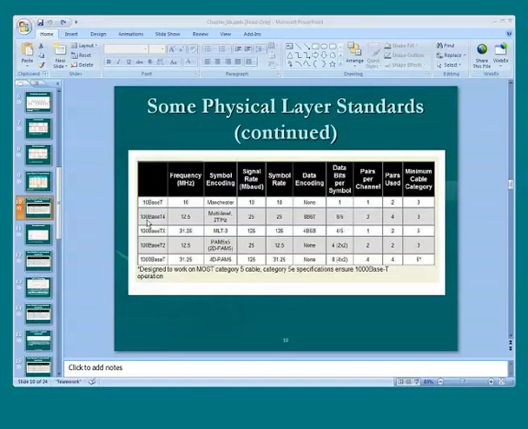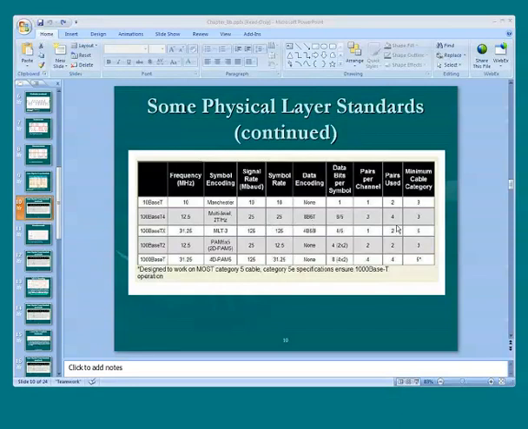In regards to the 100BASE-T4 standard, it operates at 12.5 megahertz. It uses a different type of encoding scheme from 10BASE-T, and it has a data encoding scheme as well.